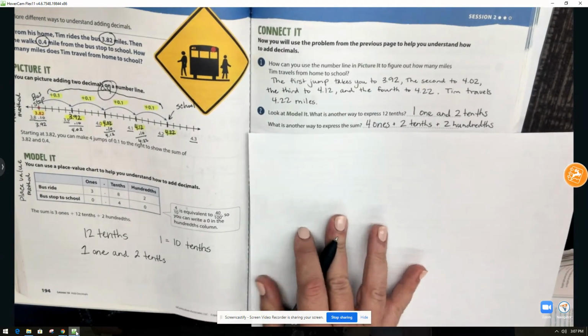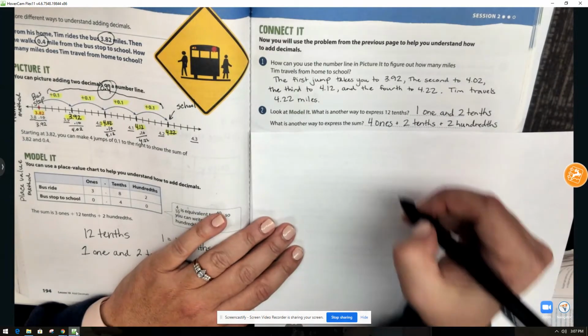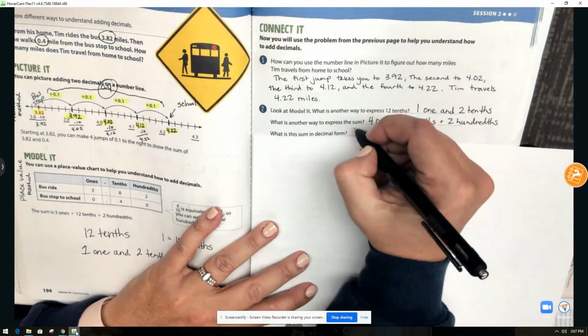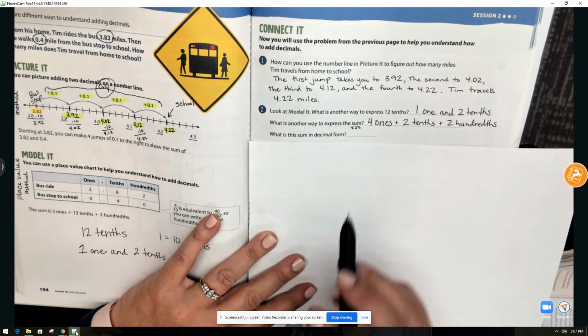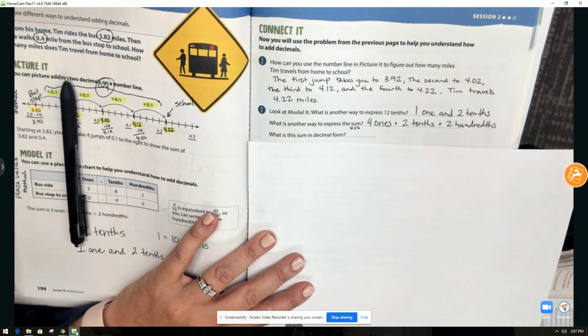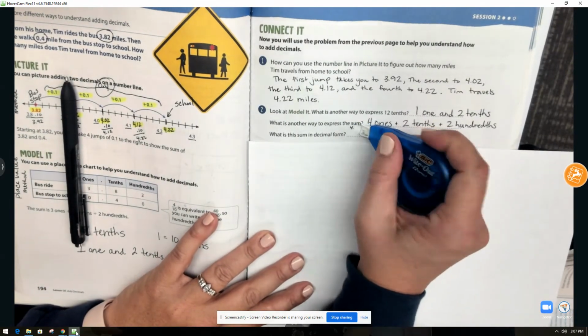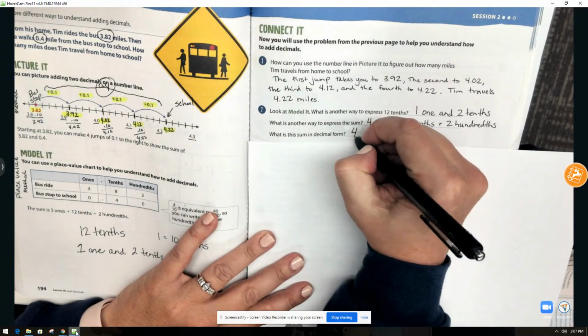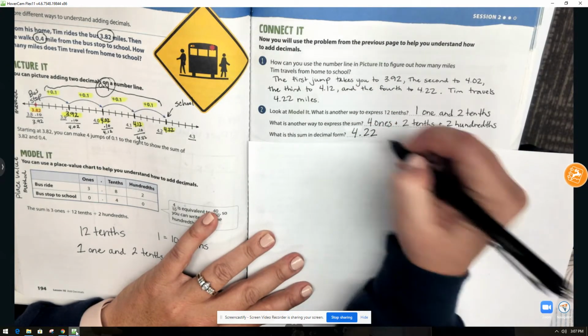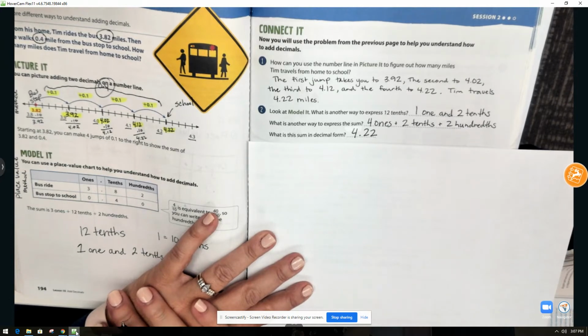So that's another way that we could express the sum, the sum is 4 and 22/100. So what is the decimal? What is the sum in decimal form? It is 4.22.